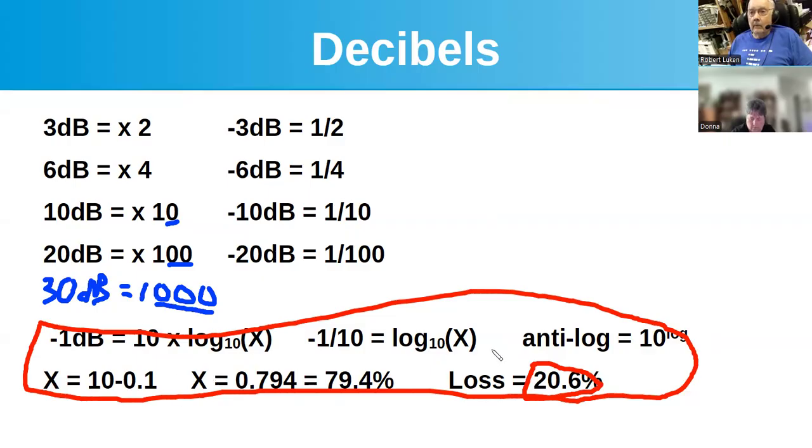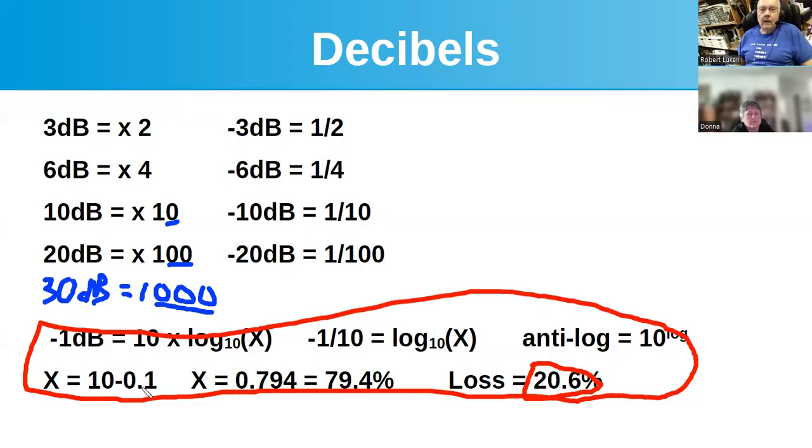So in our loss problem, oh, this didn't come out right. This is supposed to be an exponent.